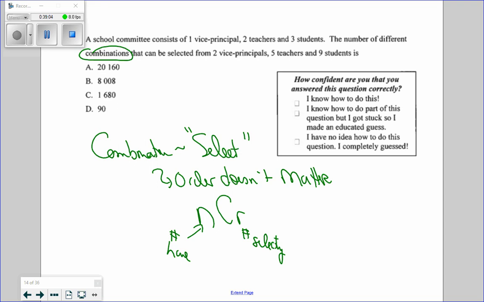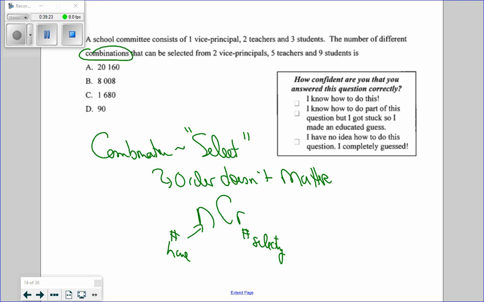So let's just review one other thing. You're going to have 2 words in this unit, and or. When you see the word and, what math is that? Multiply. When you see the word or, the math is add.